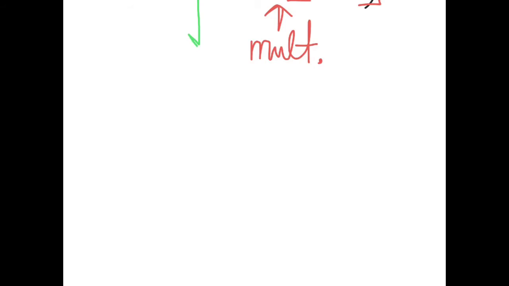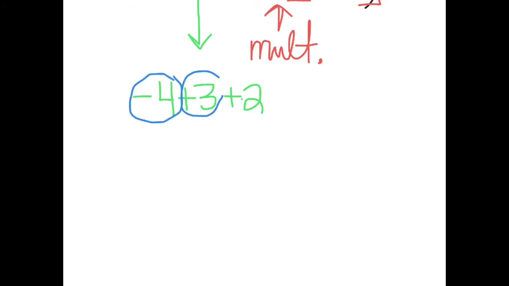So I'm going to focus on this first parenthesis and rewrite it. -4 minus a negative. Well, yesterday we learned that when we have two minus signs or two negatives right next to each other, that becomes a great big plus. And then bring down the +2. So we're going to focus on two terms at a time. -4 plus 3.